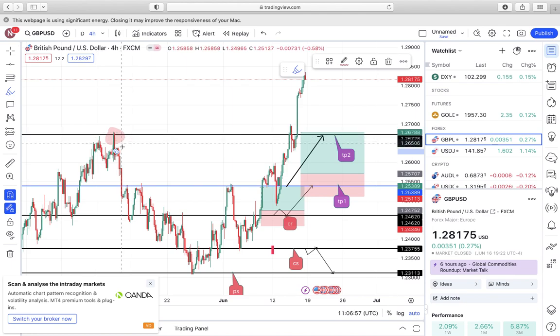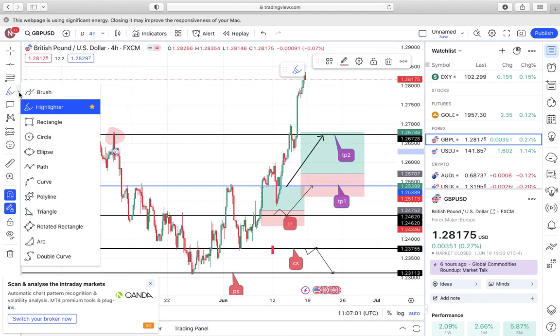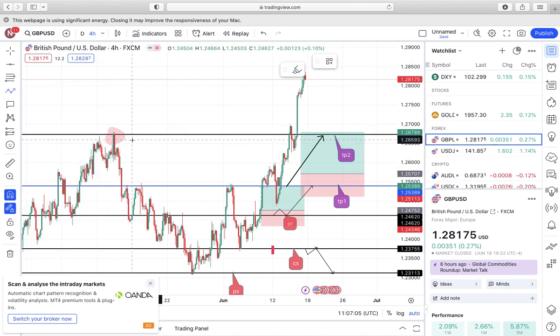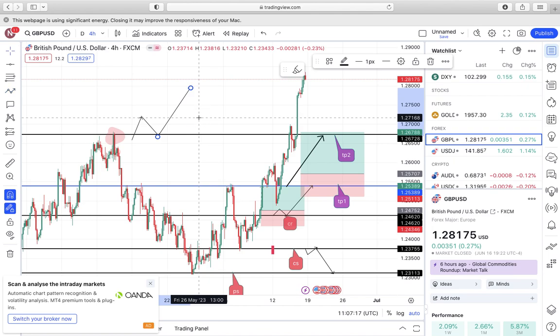For this person to buy this market, he had to wait for this current resistance to be broken, for him or her to long that market. Longing a market is like buying that market up to the previous resistance zone.